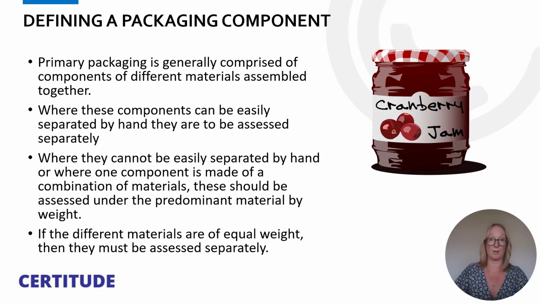The label and the jar, however, can't be easily separated by hand, and so they are both to be assessed following the glass rules as the predominant material by weight. If they were of equal weight, however, there would need to be an assessment using the glass rules and an assessment using the paper rules.